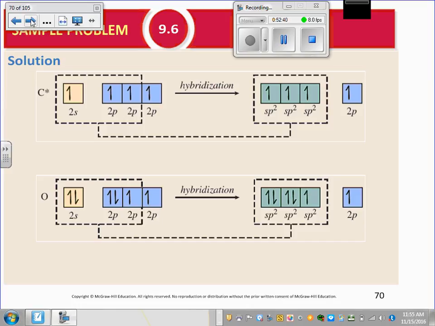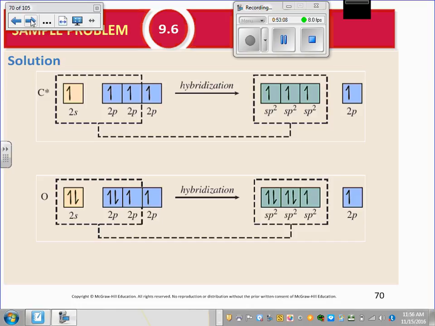Okay. So we know it has 1 unpaired electron in the sp2. So there's its sigma bond. And it has 2 more sp2 orbitals, right? It has to be sp2, trigonal planar. I don't know if you can see that. But what's in the other sp2s? How many electrons? No, we already took the 1. 2.